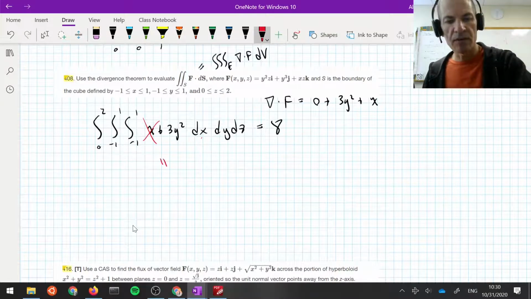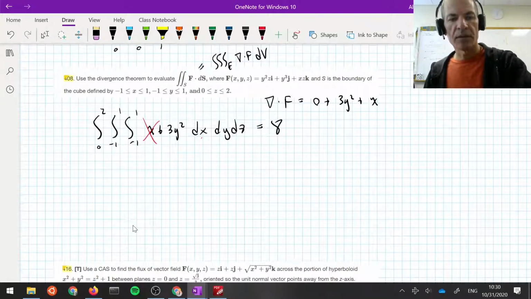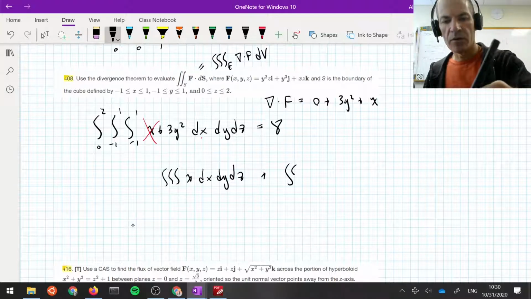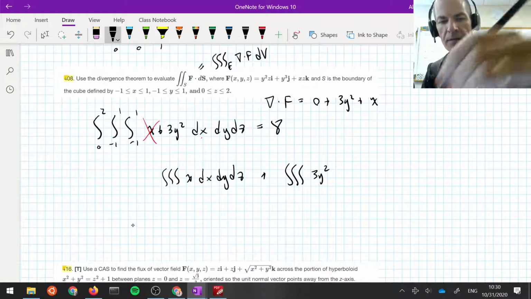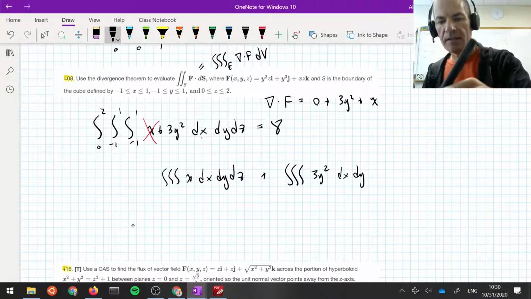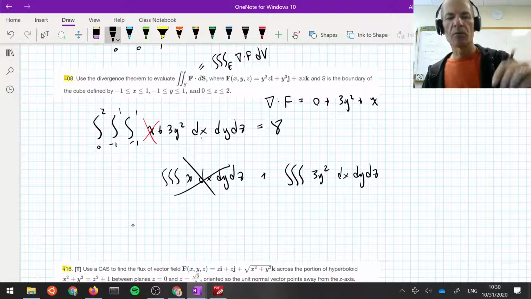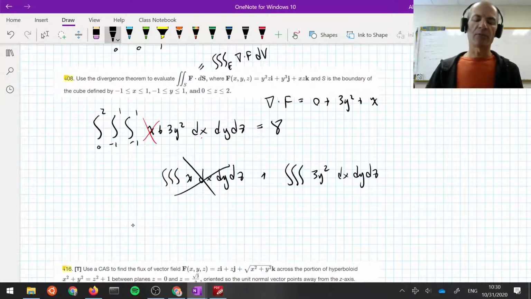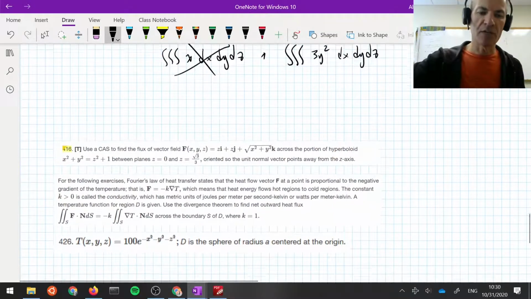And if I broke this up into 2 separate integrals, one for x dx dy dz, and one for what remains, 3y squared dx dy dz, this piece will go away because in that first integration you're going to get a 0, and that will wipe out the rest of the integration. Always keep your eye out for those kinds of simplifications.